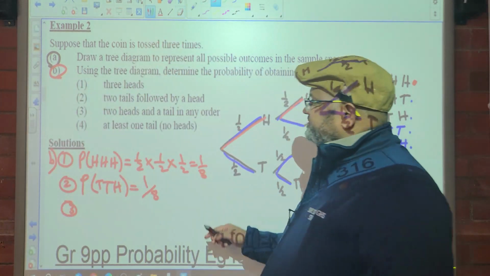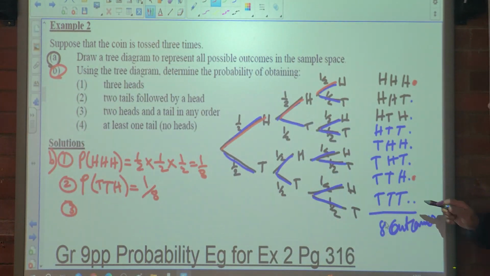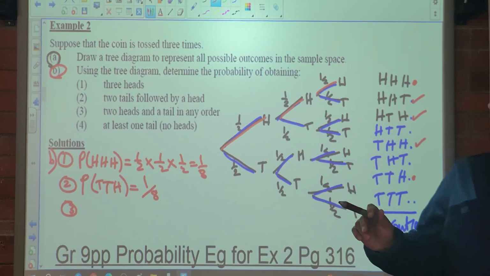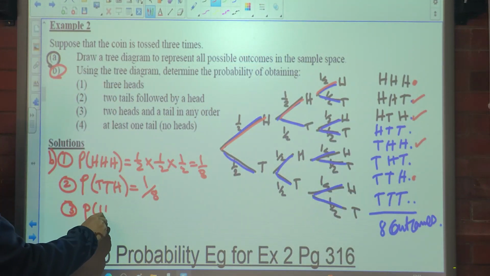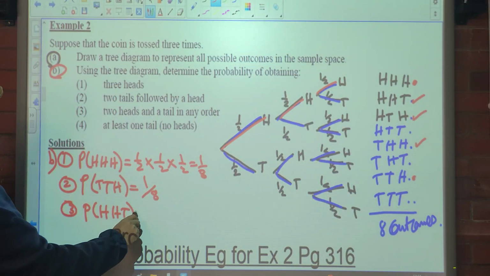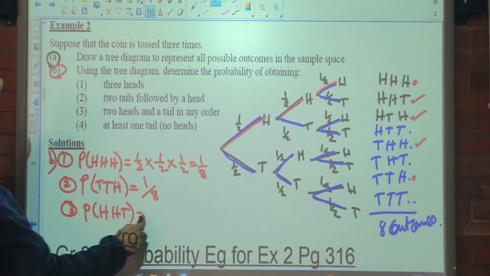So let's go. 2 heads and a tail. 1, 2, 3. I'm getting 3. Somebody said 4. So the probability of 2 heads and a tail is 3 out of 8.